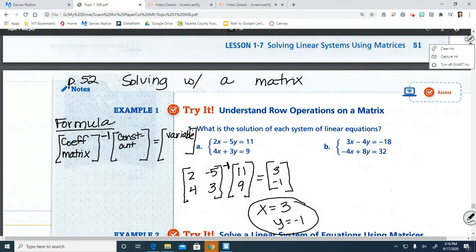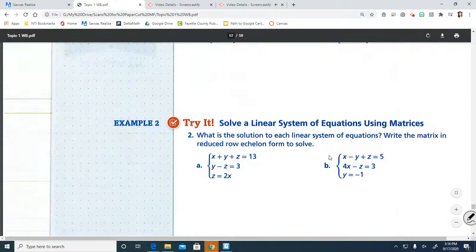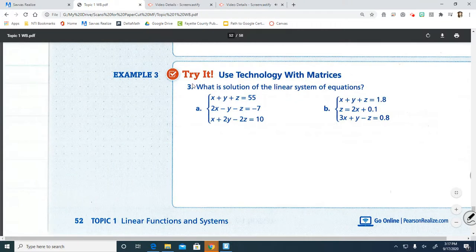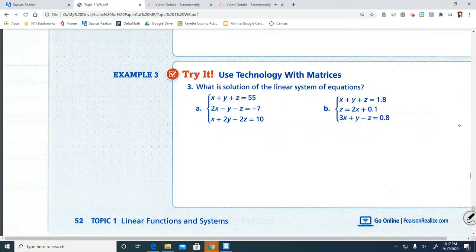Okay, now that's cool for 2 equations and 2 variables, but let's do it with 3 equations and 3 variables. Okay, so look at this. This is really big. So 3a. Let's try this one. I'm going to write it down and set up my coefficient matrix: 1, 1, 1, 2, -1, -1, 1, 2, -2.